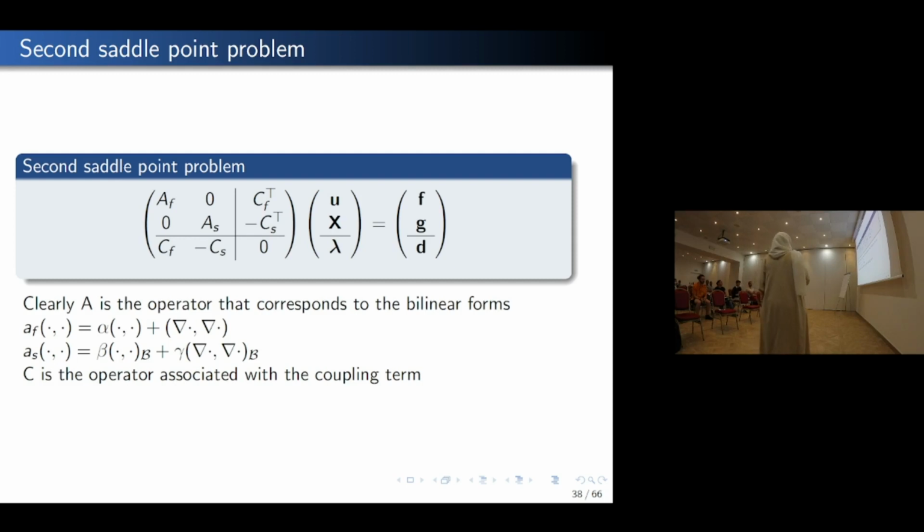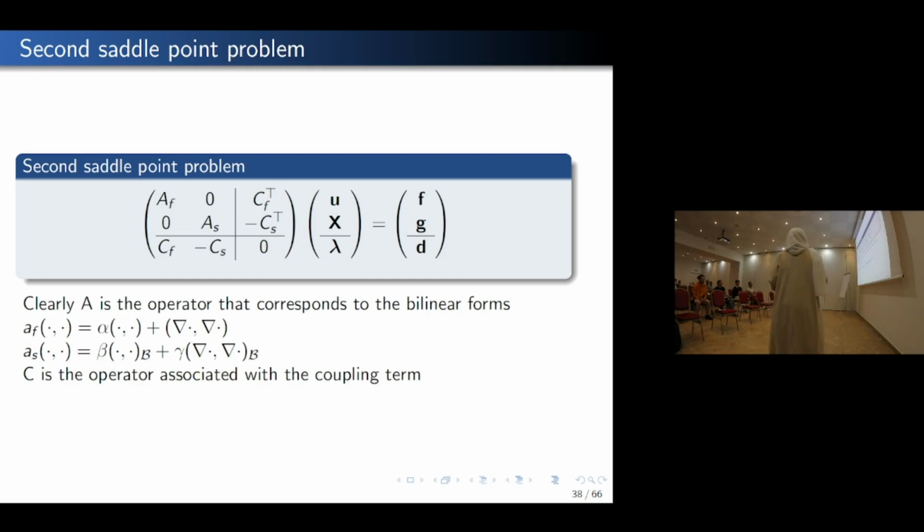And if you look closely, the AF operator in here is the operator associated with the small AF in here, which is nothing but the L2 scalar product plus the L2 scalar product of the gradient. And the AS here is in the solid region, and it's again the L2 scalar product plus the L2 scalar product of the gradient.